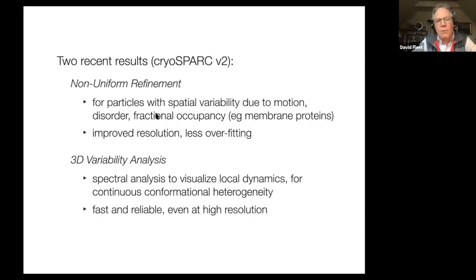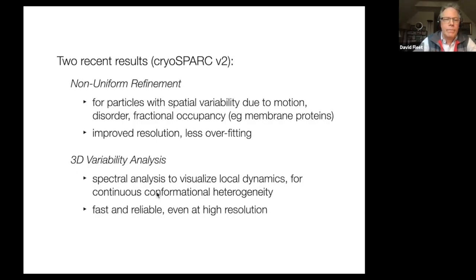And some of them are dealing with fractional occupancy, parts of the protein that are there in some images and not there in all images. And then the next thing I'll show you is just some brief results we have on variability analysis, where we're actually estimating not only the three-dimensional structure of the particle, but also its dynamics.